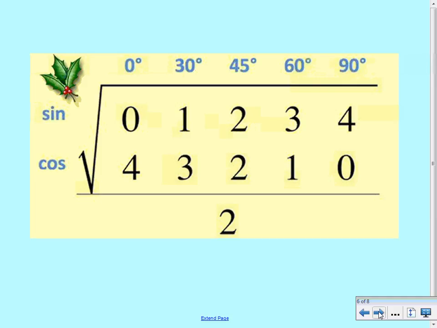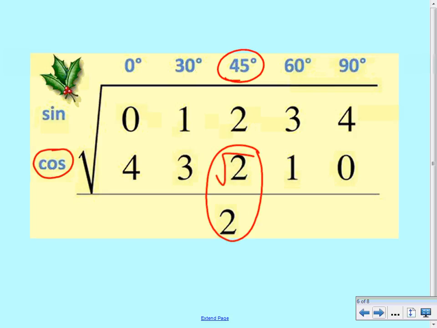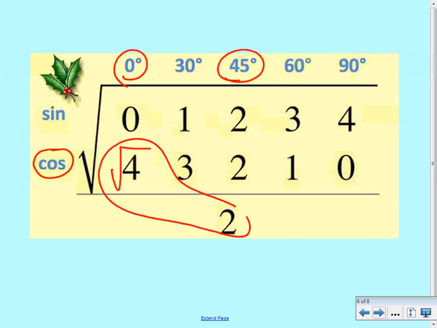So the cosine of 45 degrees, if you've memorized all these numbers in this order, is root 2 over 2. They're all divided by 2. So that's how that works. If you want to, cosine of 0 degrees is root 4 over 2. But of course, root 4 over 2 is 2 over 2, which is 1. So the cosine of 0 degrees is 1.